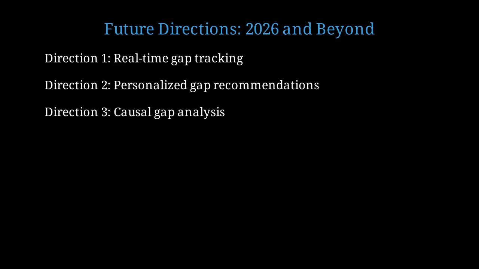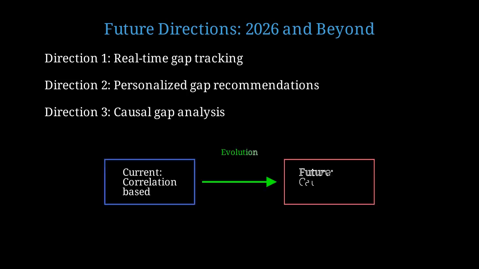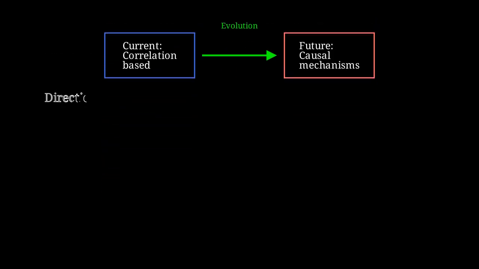Moving beyond correlation to understand causal relationships that explain why certain gaps exist and persist. This evolution from correlation-based to causal understanding will enable more reliable predictions about which gaps are truly important. Fourth is multi-stakeholder analysis, incorporating perspectives from industry, policymakers, and society, not just academic researchers.